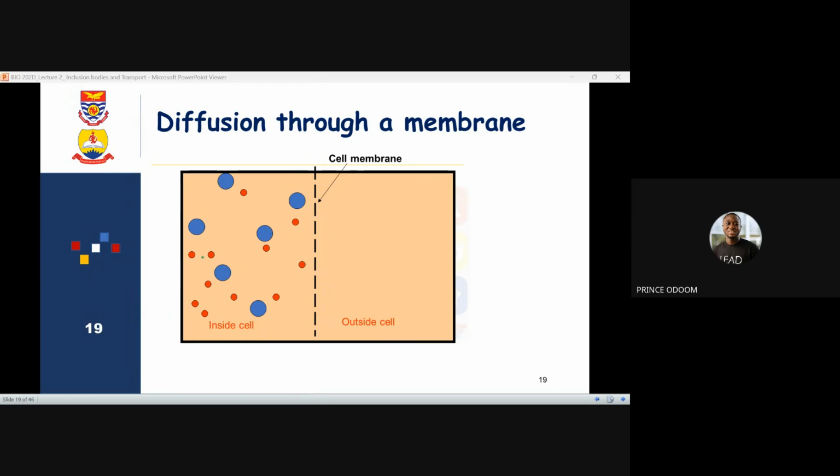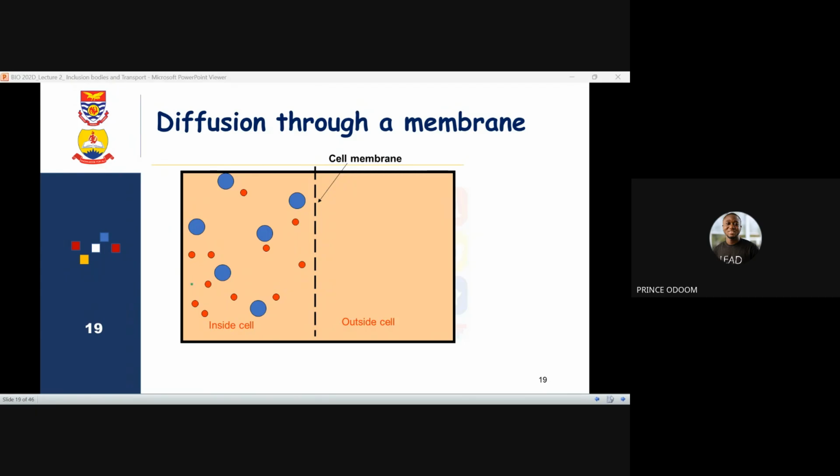So now we will see that this is inside the cell. Let's focus on the small red balls. So you realize that we are looking at the cell membrane. This is the cell membrane, and the cell membrane is what partitions the inside of the cell from the outside of the cell.